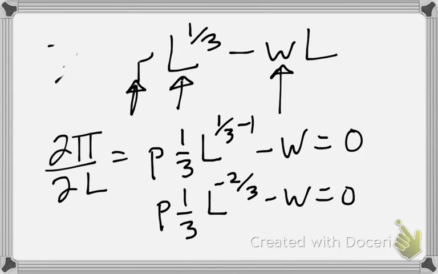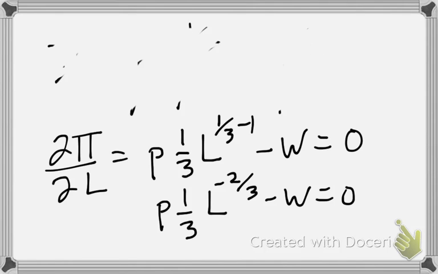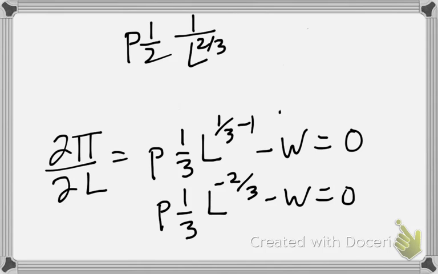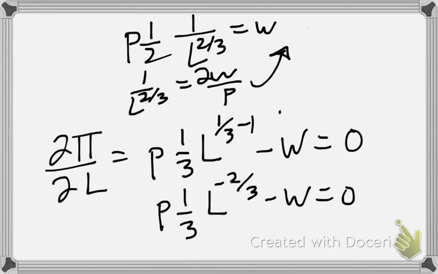I'm just going to erase up here, give myself a little more room. And we have P times 1/3 times 1 over L to the 2/3 equals W. Well, that's the same thing as 1 over L to the 2/3 equals 3W over P, and that's the same thing if we invert everything.